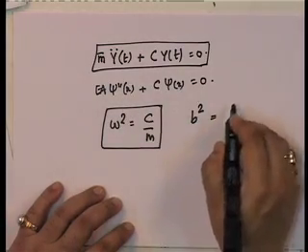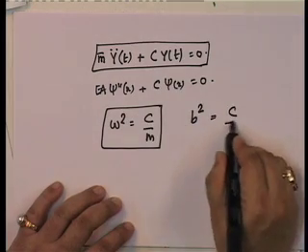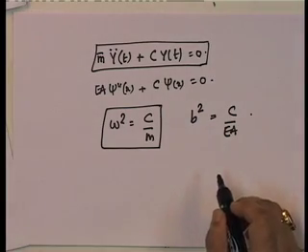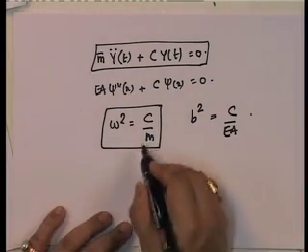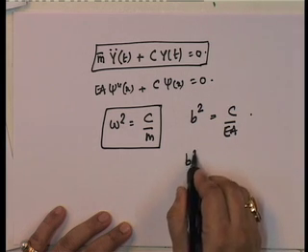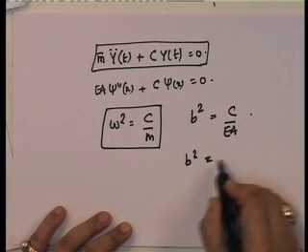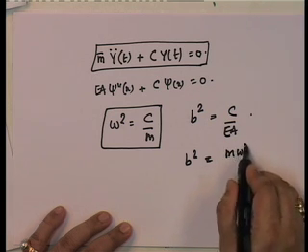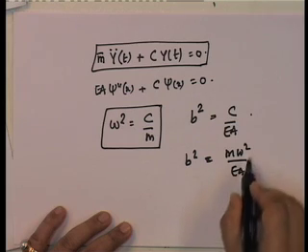So I will say that b squared, another term, is equal to c upon EA. Then c is equal to m bar omega squared. So if I put m bar omega squared here, what I get is b squared is equal to m bar omega squared upon EA.